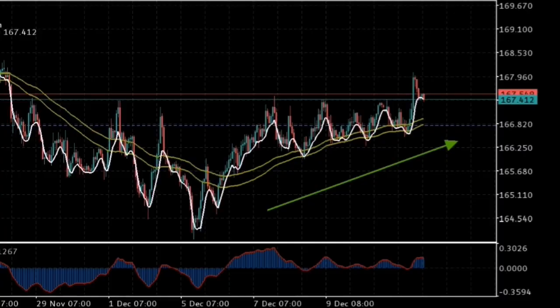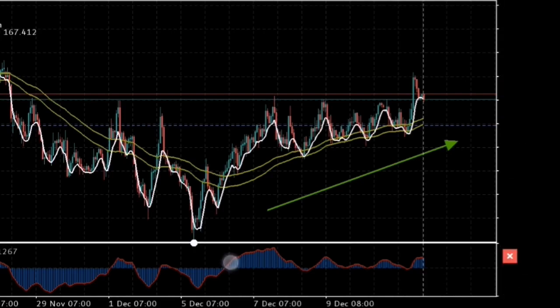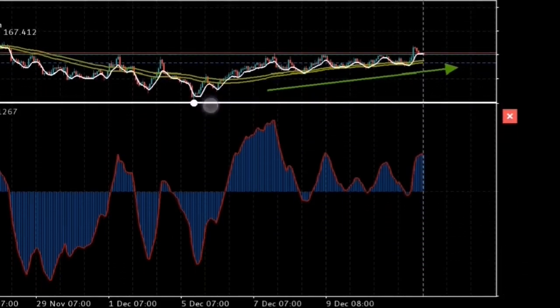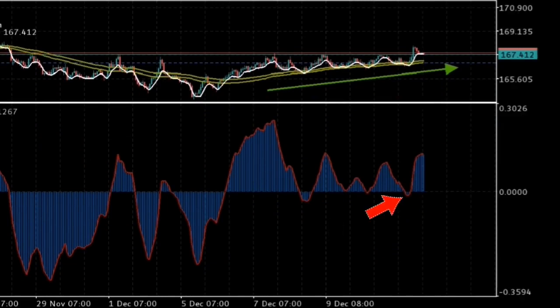You wait for the white moving average to come and touch the below moving average, or to come below the moving average that is on the bottom. And once that white moving average has touched that moving average, you also wait for this graph on the MACD to come below the zero level.